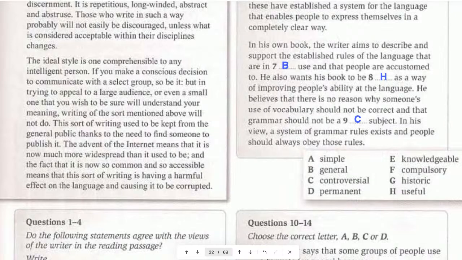He believes that there is no reason why someone's use of vocabulary should not be correct, and that grammar should not be, and the answer is C, a controversial subject. In his view, a system of grammar rules exists, and people should always obey those rules.